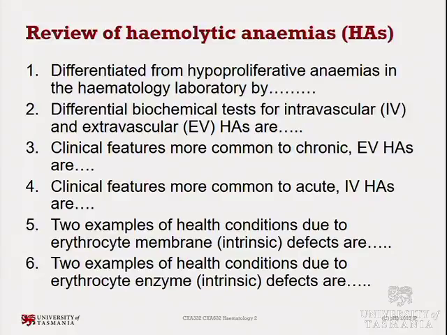So we also get a markedly reduced haptoglobin concentration in intravascular hemolytic anemia, because remember the role of haptoglobin is to mop up any free hemoglobin that happens to be in the plasma, because hemoglobin is quite a reactive substance and we don't like it left on its own for too long. And so we get markedly reduced haptoglobin concentrations in intravascular hemolysis.